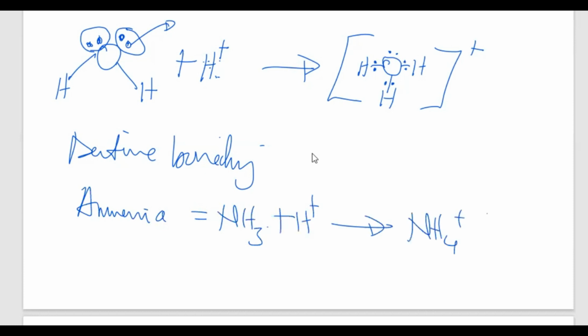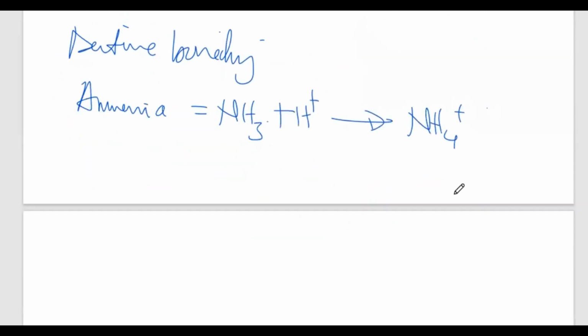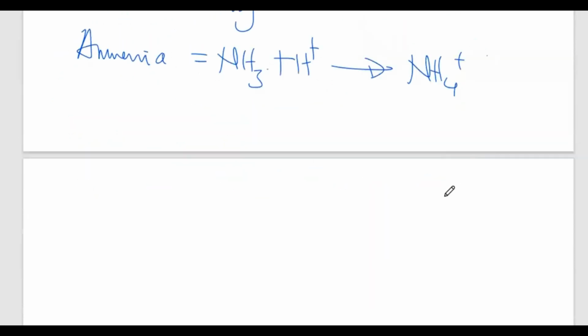But how does this ammonium ion form? This is formed by a dative bond. Let me show you how this ammonia forms this dative bond. So you have ammonia. You have nitrogen. Nitrogen is in which group?